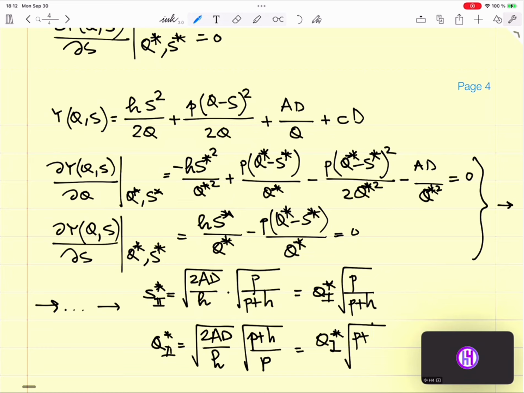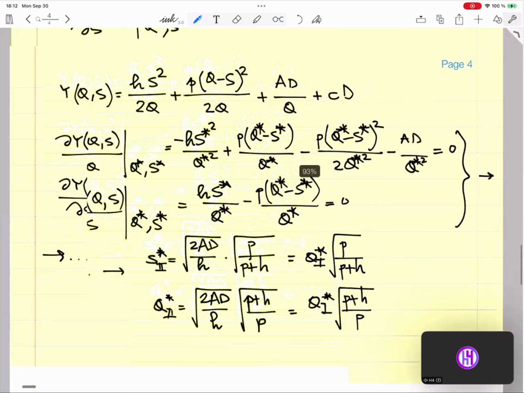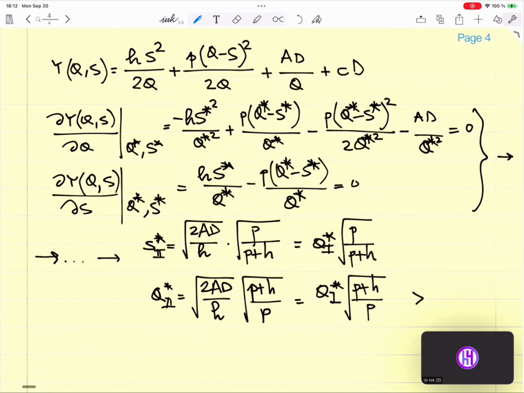Which is always bigger or equal than Q1 star, and S star is always smaller or equal than Q1 star, okay?